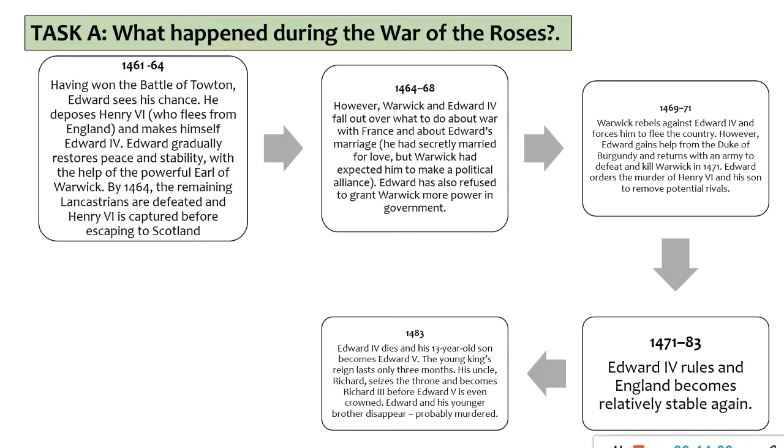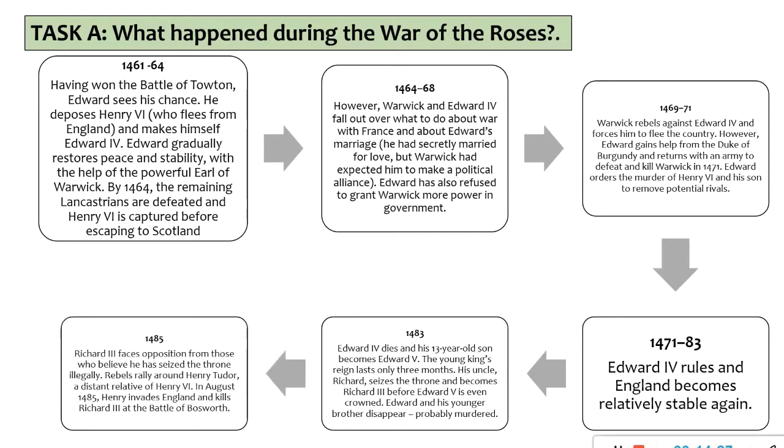He does this despite the fact that Edward IV had trusted his brother, the uncle of his child, to look after Edward V in his young age until he became old enough to rule himself. Edward and his younger brother disappear, most famously somewhere within the Tower of London, and we assume they are murdered by some of Richard III's supporters.